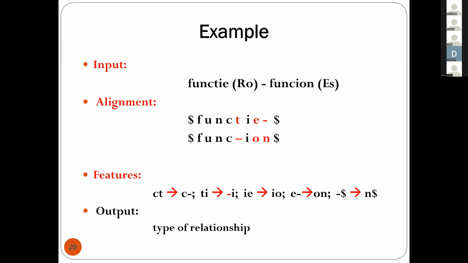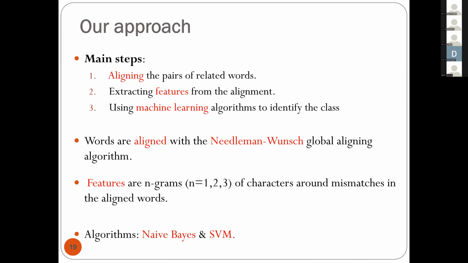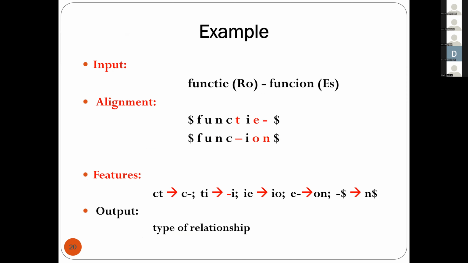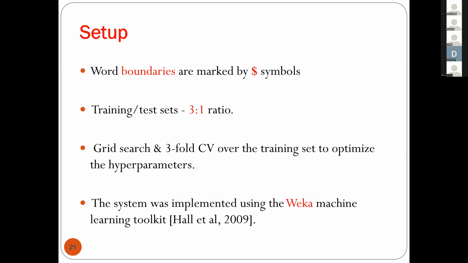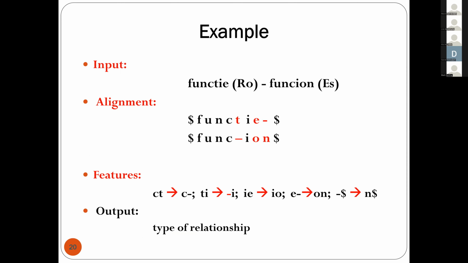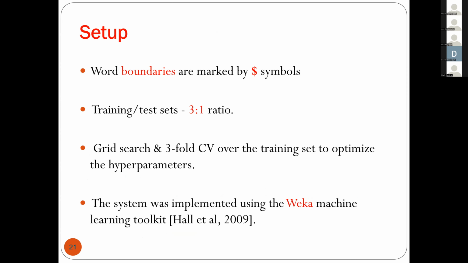We decided to use all these features. As algorithms, we use naive Bayes and support vector machine, SVM. At the output, we have to decide if we have a cognate pair or not, a binary solution.